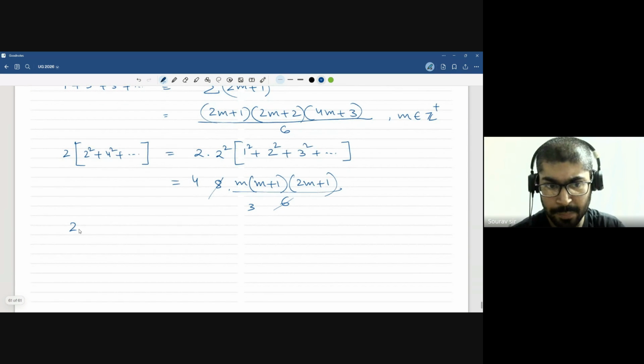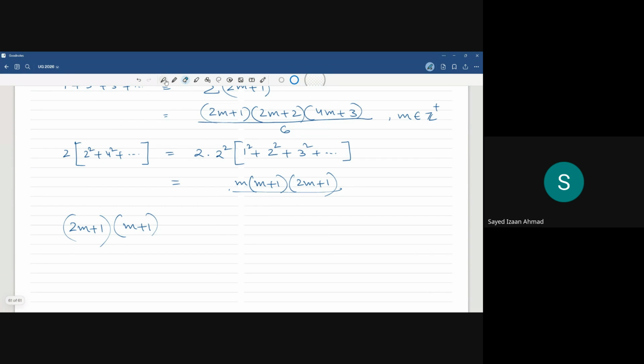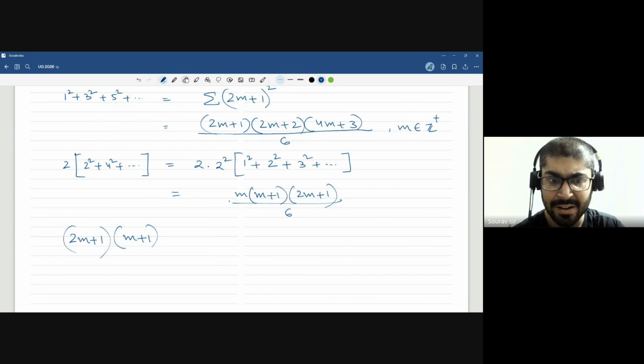So I can take 2m plus 1 into m plus 1 common. And also, let us keep the by 6, not cancel it. We can cancel out the 2 in the above one also. 2m plus 2, there we can take 2 common. Okay, yes, fine.